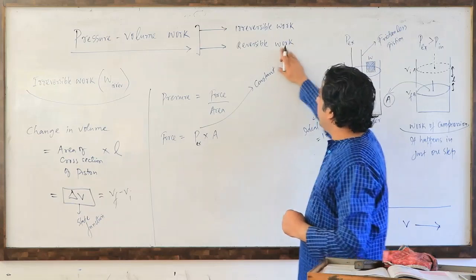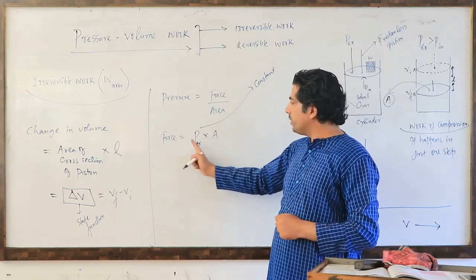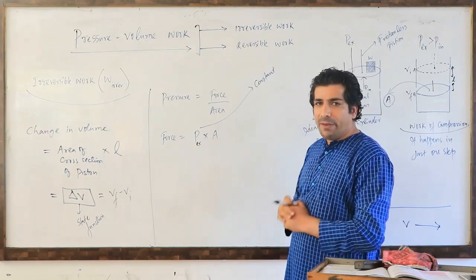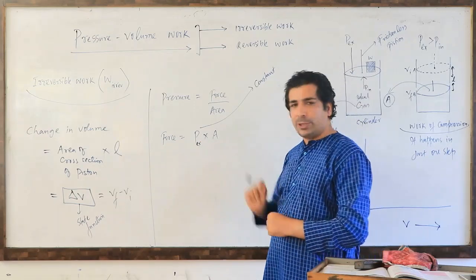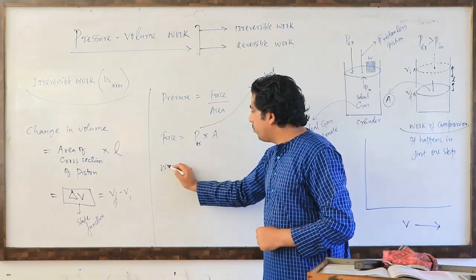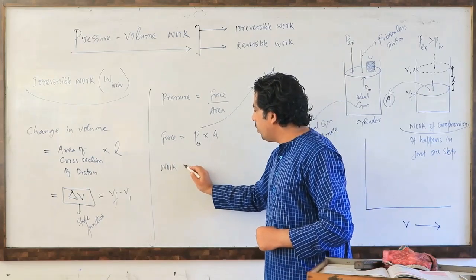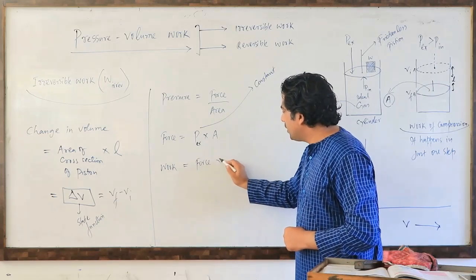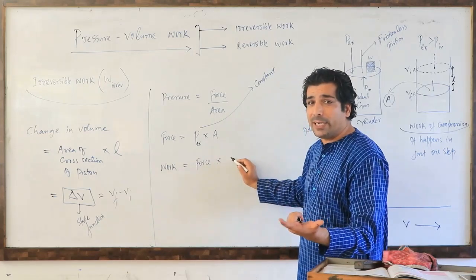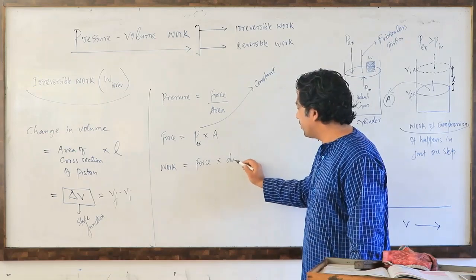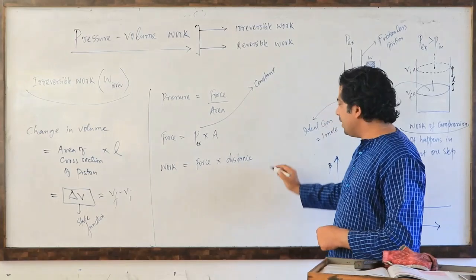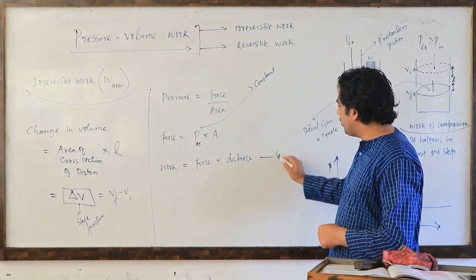So after that what happens? The force is equal to pressure into area. Correct, my dear friends? Now everybody knows one expression you will be knowing about here, that work is equal to force multiplied by displacement. You can write down displacement, or you can write down distance. Yes, my dear friends, let us call it equation number 1.